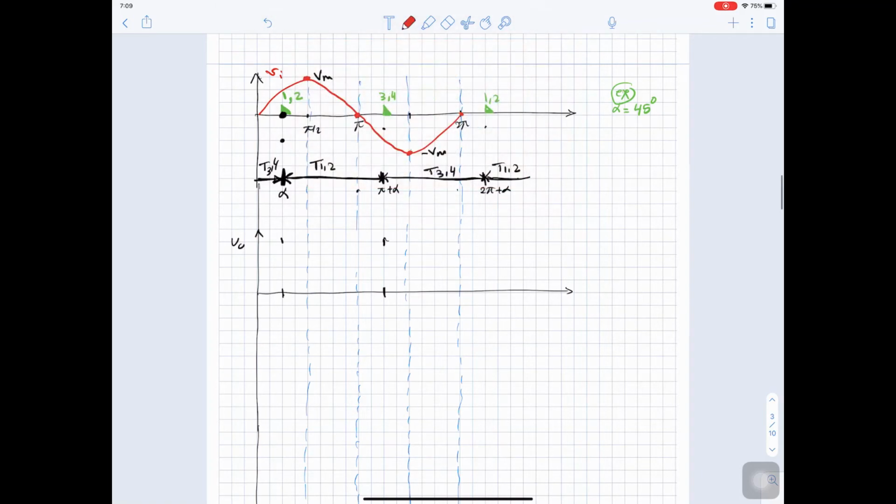Vn here is peak, Vn here is 0, and Vn is peak here again. Okay, but I'm taking only this part of the wave.